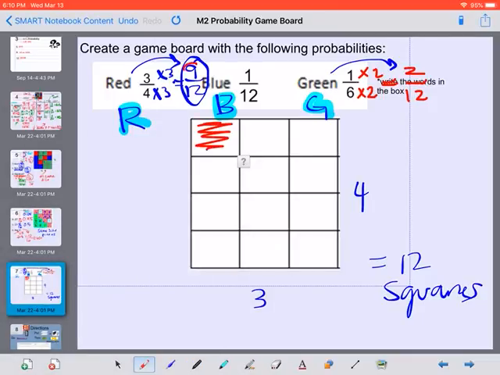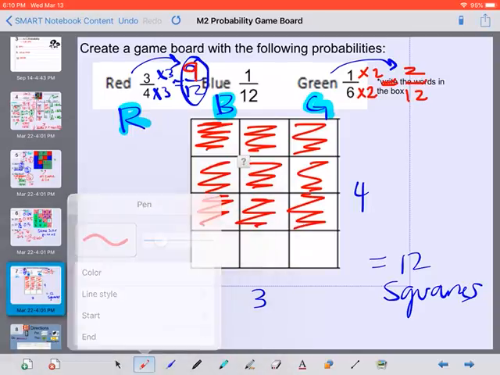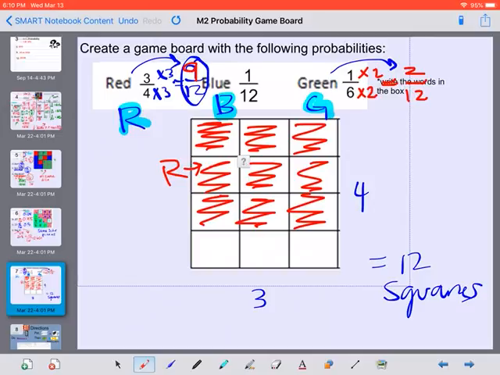We have 9 that are going to be red. 1, 2, 3, 4, 5, 6, 7, 8, 9 red ones. You can put the letter R if you want there instead. And blue, we have 1 if you want to put the letter B, or color it in, it doesn't matter. And then green, we have 2 that are green. 1, 2. And if you want to put the letter G there for green, you can.